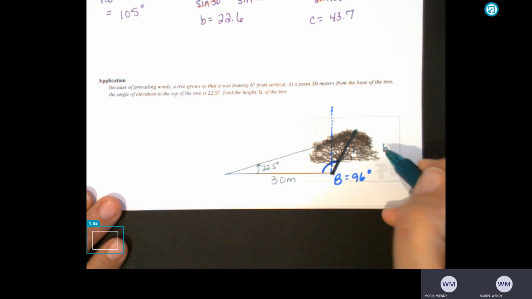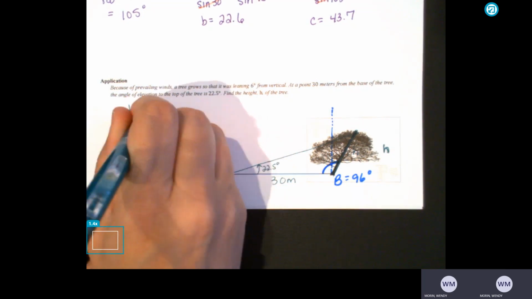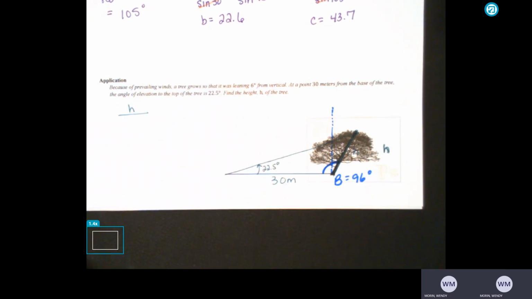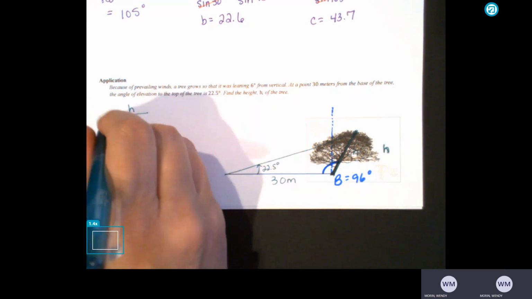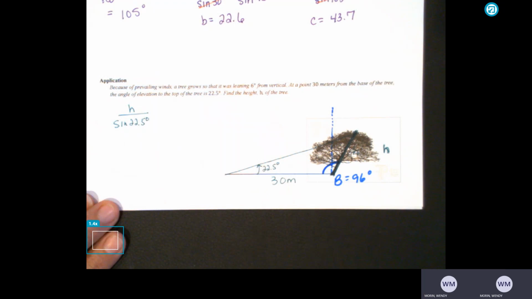Okay. So if that's what I'm trying to find, that's what I'm going to start with, my unknown. My unknown, I always write that down first. What are you trying to find? So the height, H, is proportional to the sine of the angle directly across. So that's the sine of 22.5 degrees.